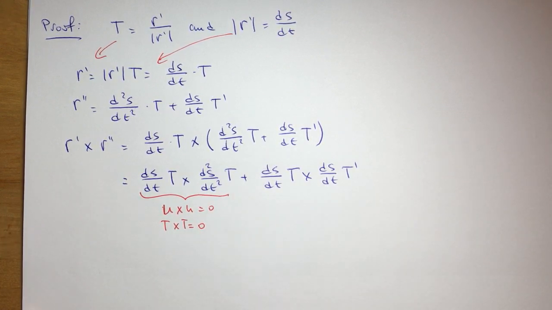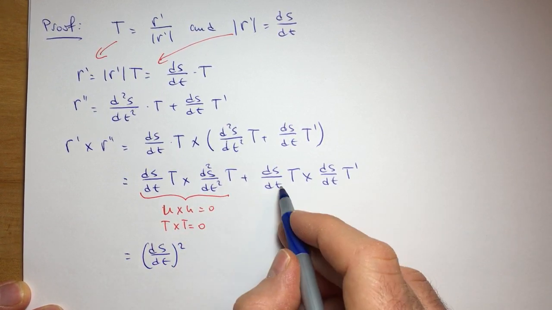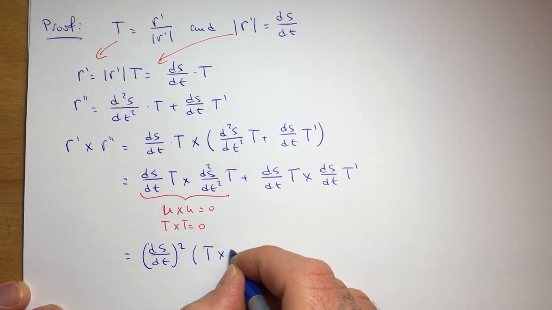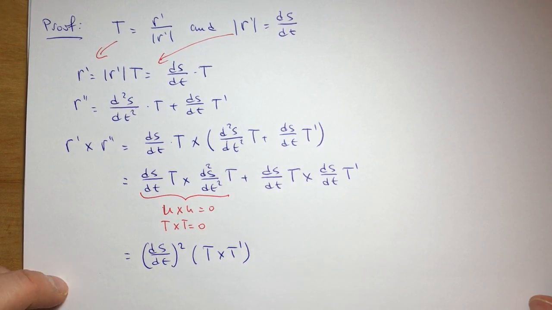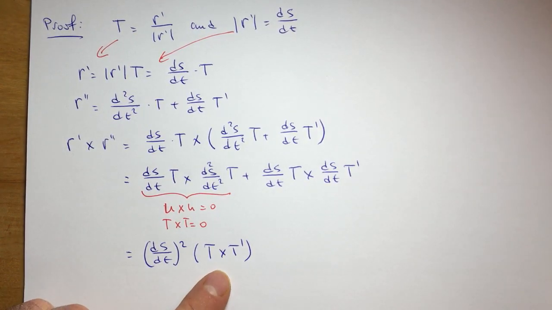That leaves us that r prime cross r double prime is equal to ds/dt squared times T cross T prime. Now let's figure out how much this product is going to be.